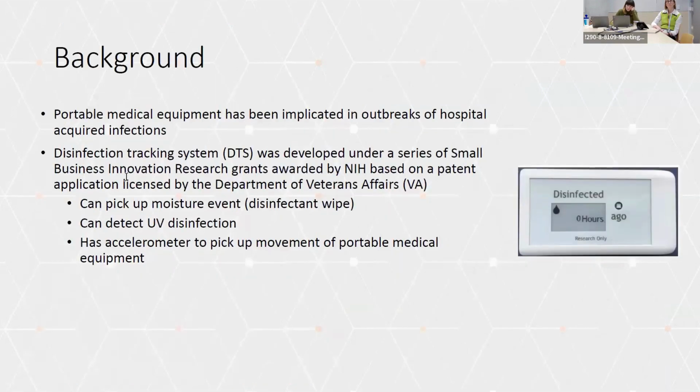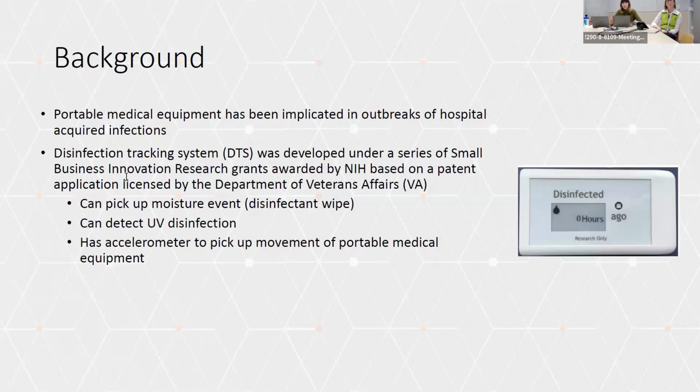So portable medical equipment has been implicated in outbreaks of hospital-acquired infections. So we developed this disinfection tracking system. We had a bunch of small business research grants, but we developed it to pick up moisture events.